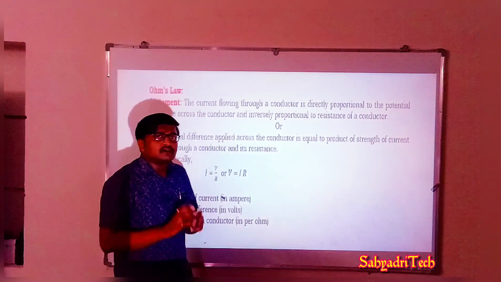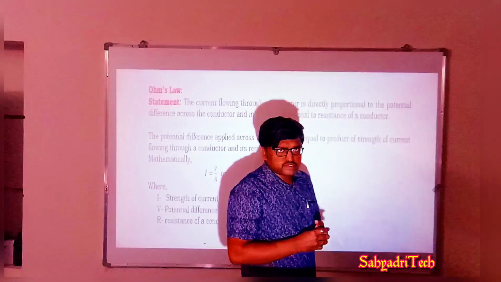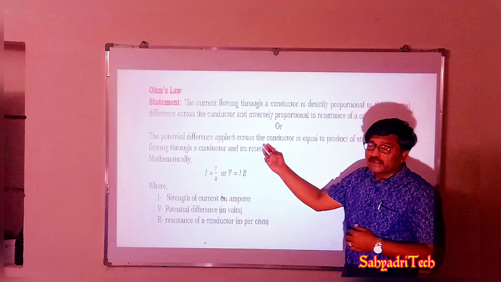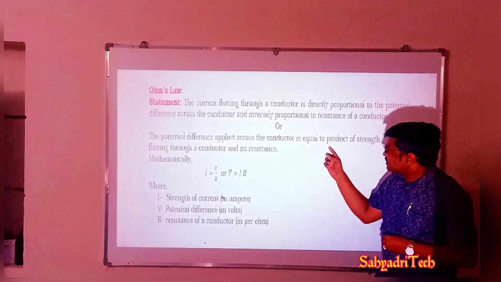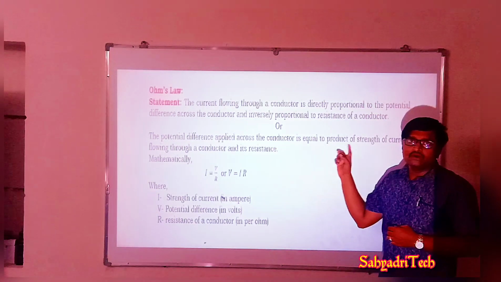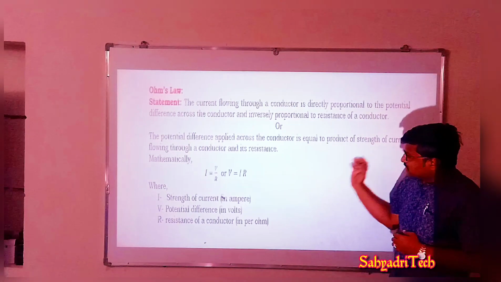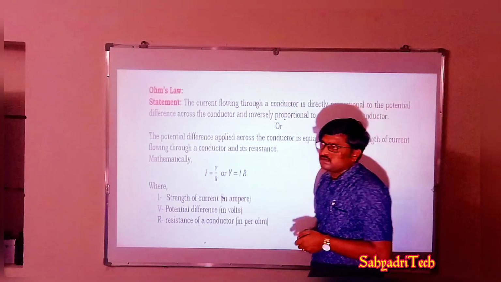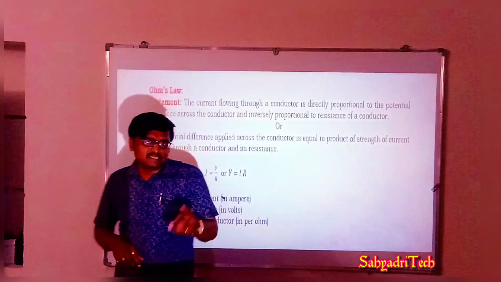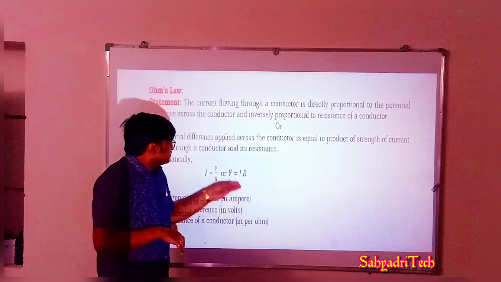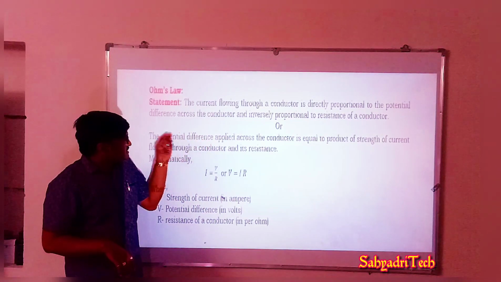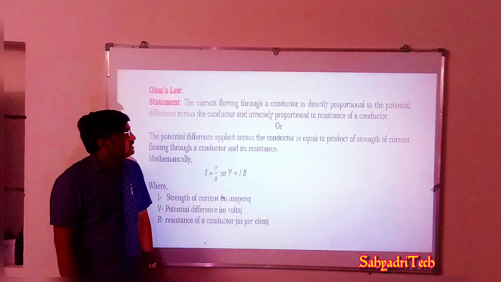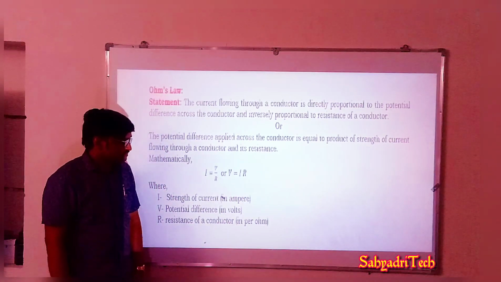So another statement for Ohm's law is: the potential difference applied across the conductor is equal to the product of the strength of current flowing through the conductor and its resistance. So another way of defining it is V is equal to I into R. Well, that is regarding Ohm's law.